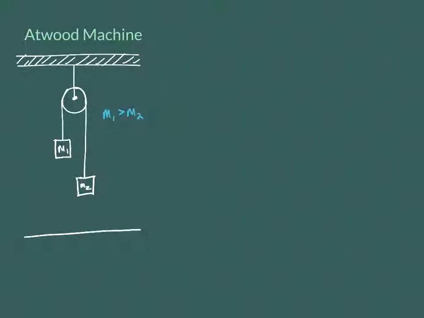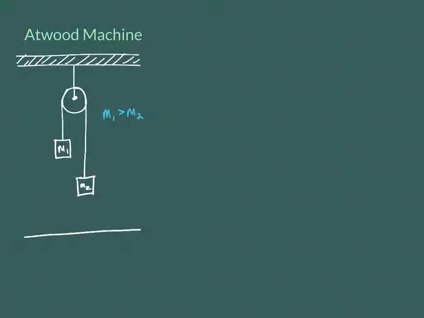Mass 1 will fall towards the ground, and since it has a rope connected to mass 2, mass 2 will do the opposite. And hopefully you would also expect that mass 2 will fall to the ground because gravity is accelerating it, but because of this connection through the rope, I don't expect it to move at gravitational acceleration because there's an offset here due to the other mass.